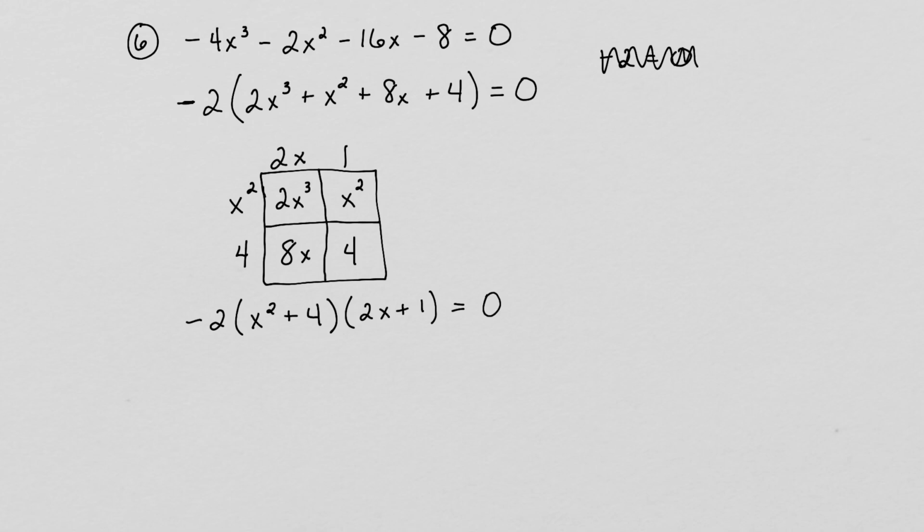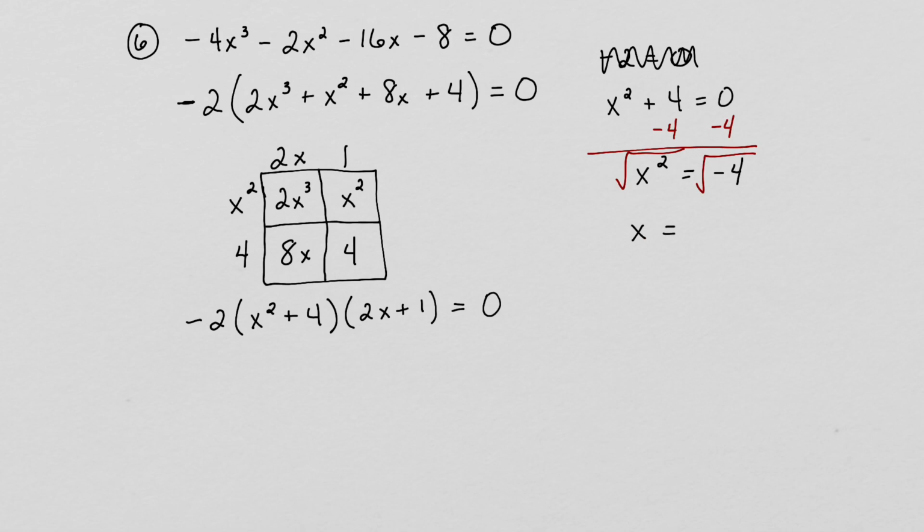The second one, x squared plus 4 equals 0, requires us to subtract 4 from both sides and then simply square root both sides. But you'll notice we have a negative, which brings in the value i.